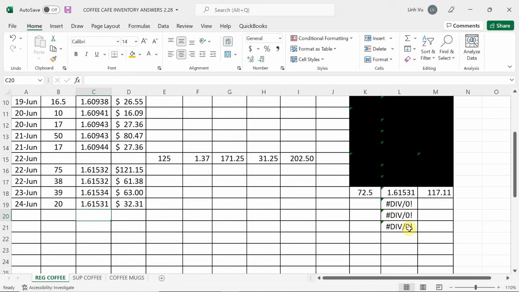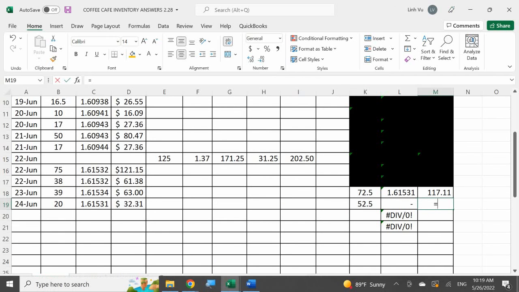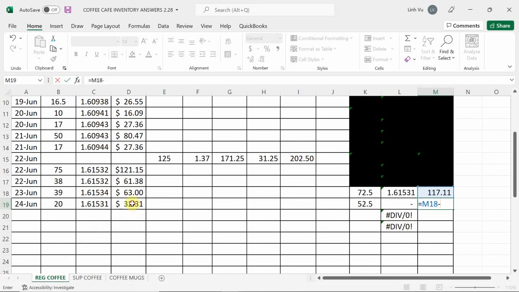Good. Okay, so now I should have 52 and a half pounds left. All right, subtract 20. Now in this case, I have to do 117.11 minus 32.31.